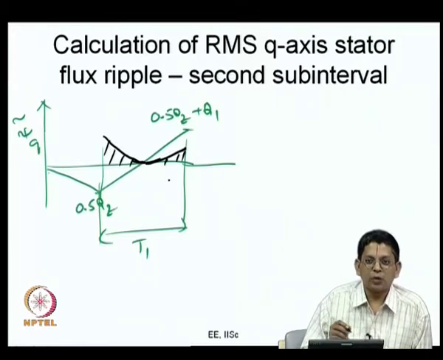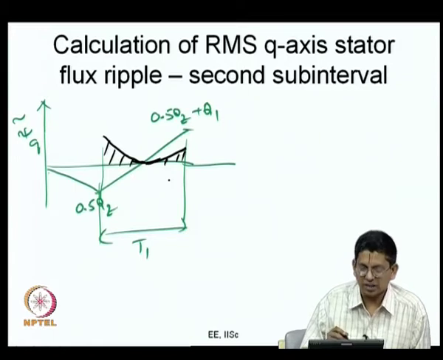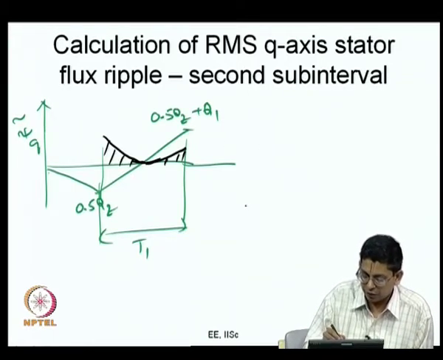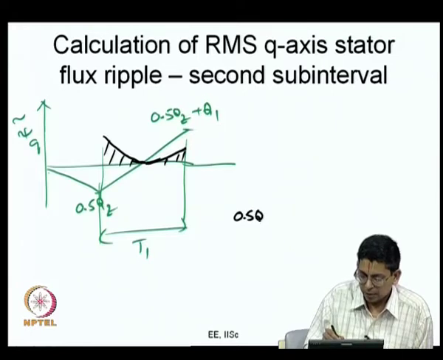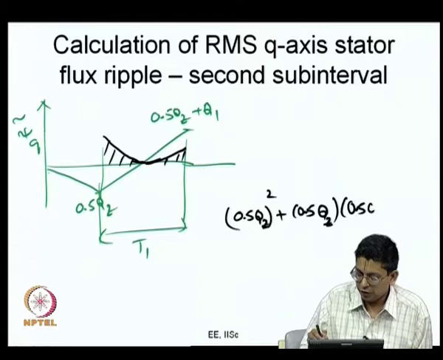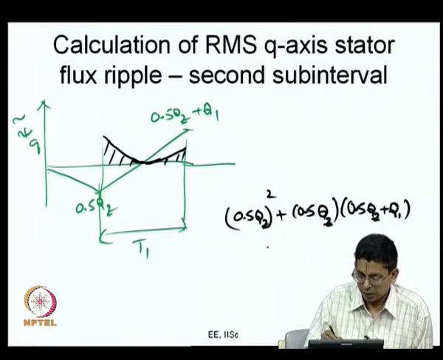This we had just found out in the earlier expression, how to get this now. That is, what you do is you have this 0.5 Qz, you square it, then plus 0.5 Qz multiplied by 0.5 Qz plus Q1. Then what do you do?